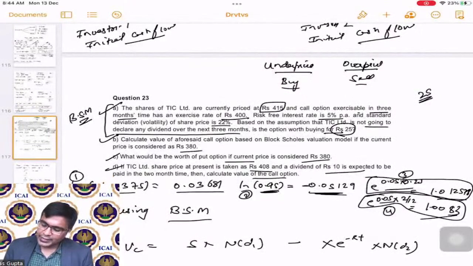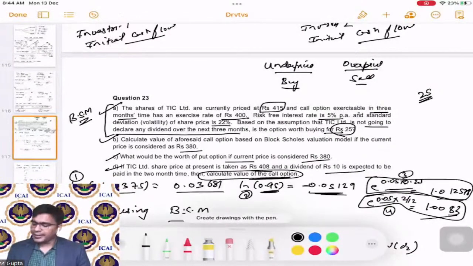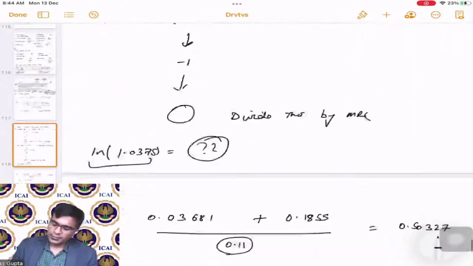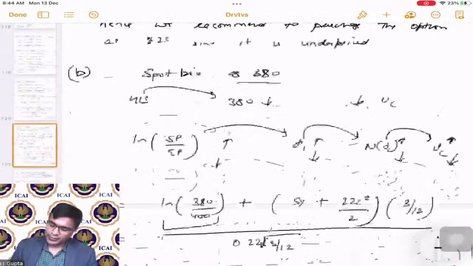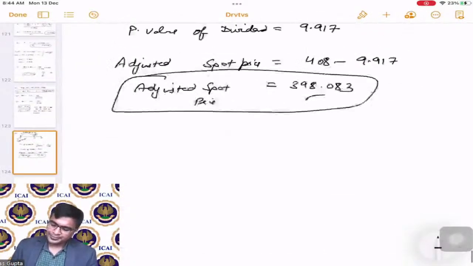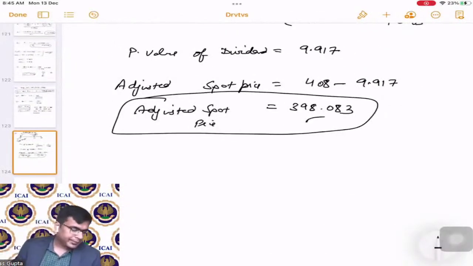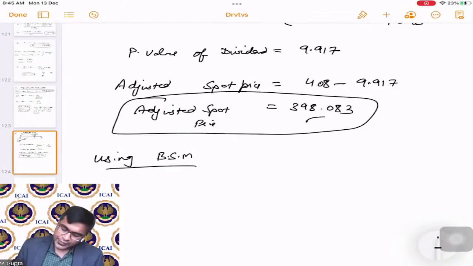They are saying then calculate the value of call option. Correct? Using Black-Scholes model again. First, we have to calculate the D1.